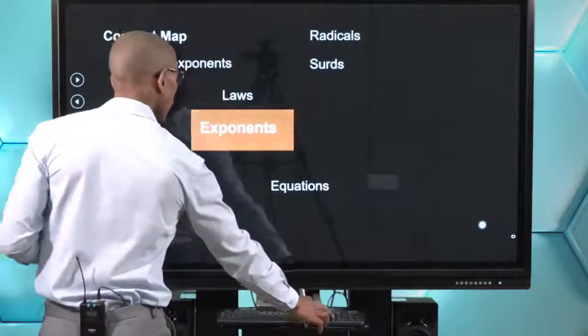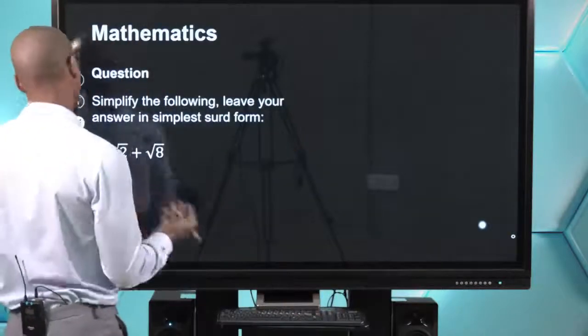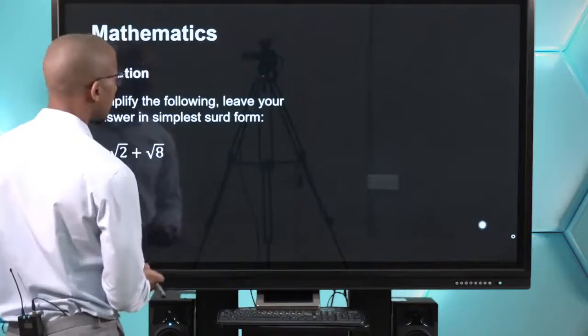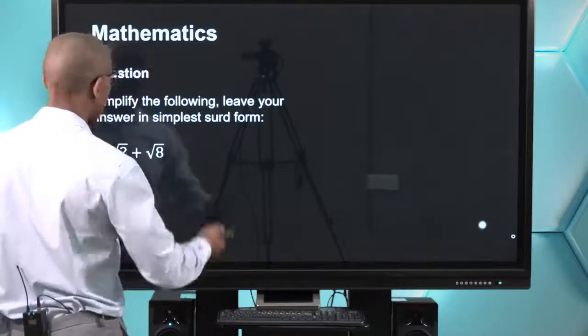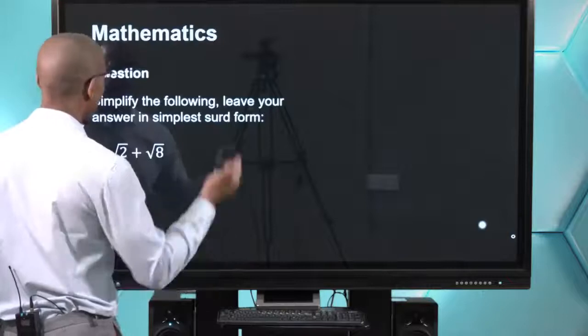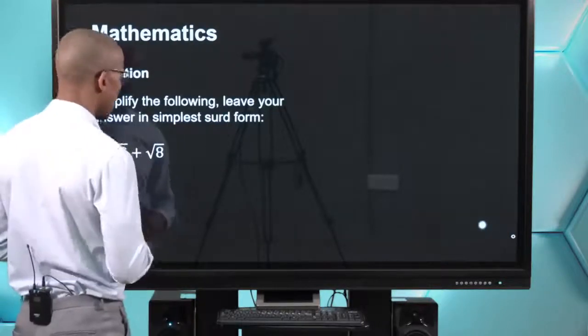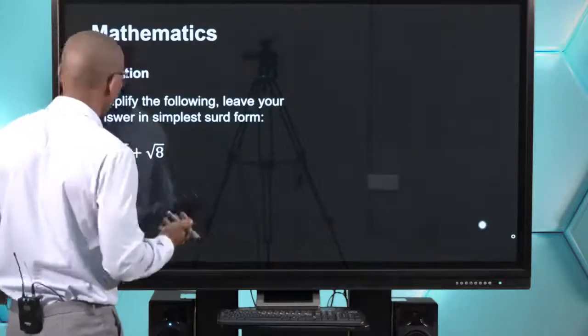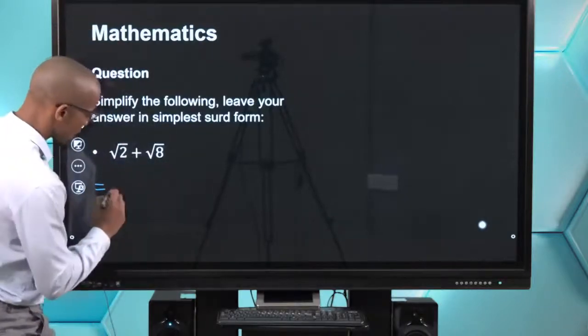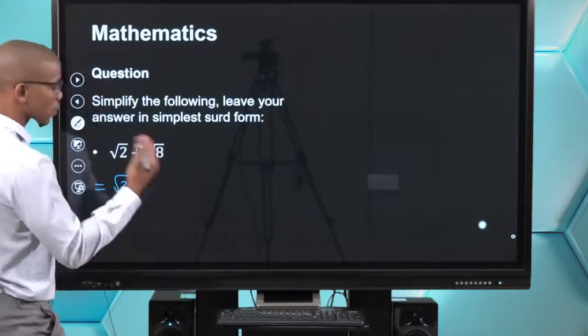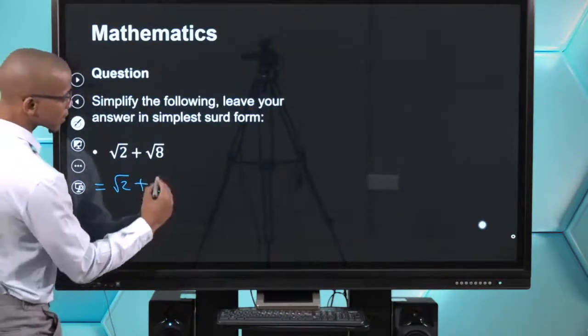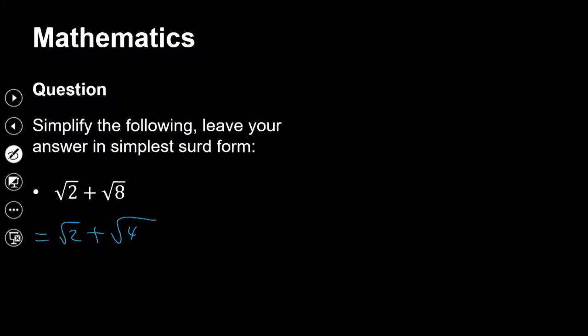Remember the question will be to simplify the following, and the statement that they will give you will be: leave your answer in simplest surd form. What does that mean? It means you can't leave your answer as square root of 8. No, that's not the correct thing to do. So firstly here, I will leave this as square root of 2 because I can't do anything there, plus the square root of 4 multiplied by 2, and then this will be equal to square root of 2 plus 2 square root of 2.